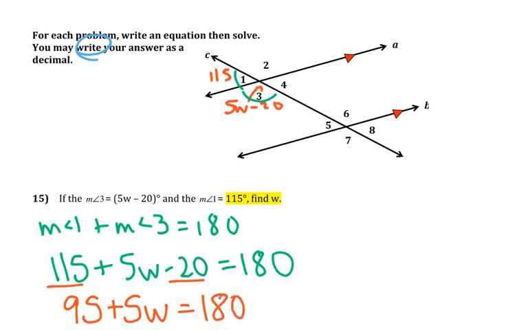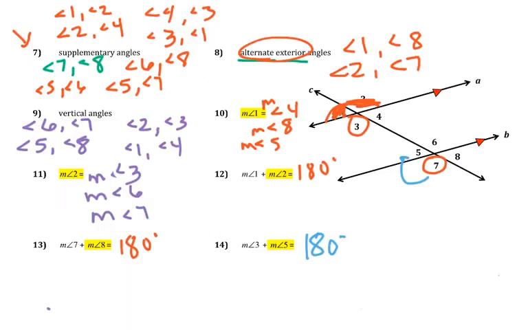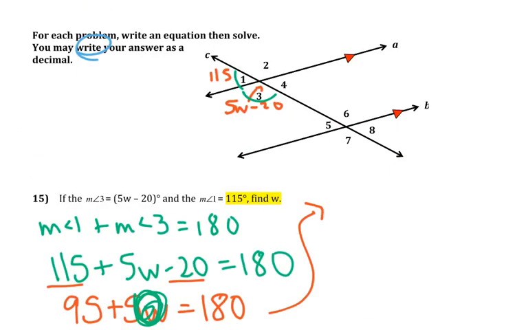And then I'm going to solve that. I'm running out of space, so I'm going to come over here. I'm going to cover up the w part with my finger, so I get rid of the 95. I'm going to take away 95. So I have 5w is equal to 180 minus 95, which is 85.